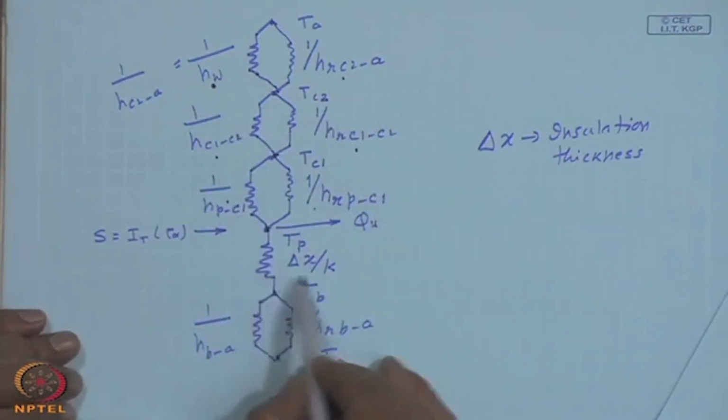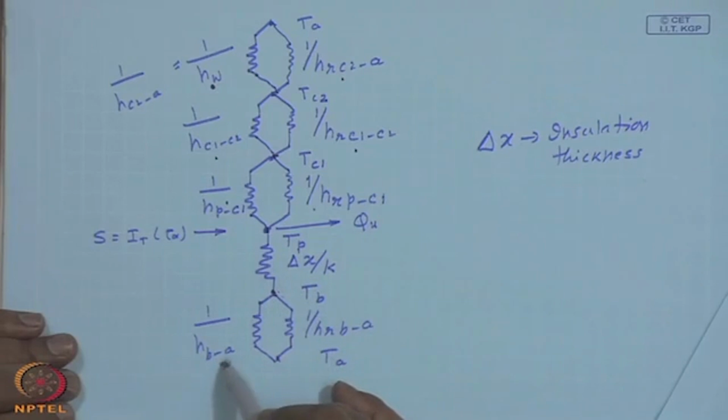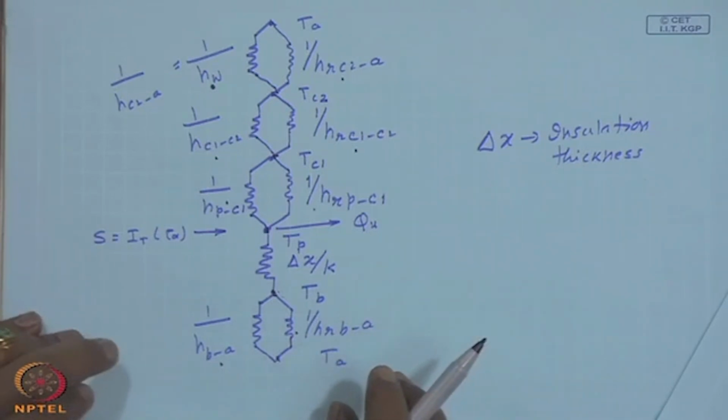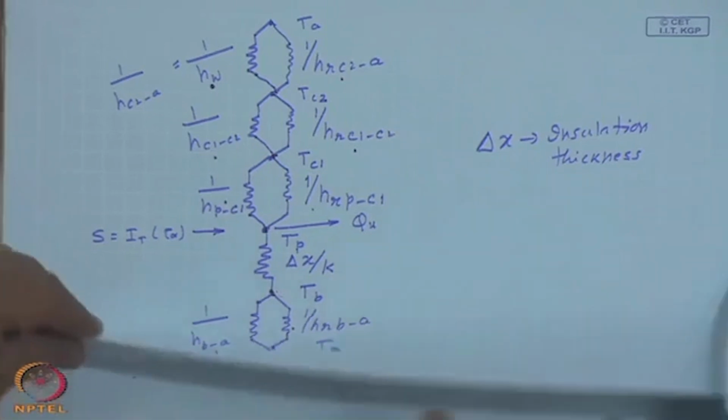From the bottom you have a conduction loss through the insulation and again a convection and radiation from the back of the solar collector to the surrounding temperature T a, which we assumed equal to the ambient temperature T a. So, all these parallel resistances can be combined into one, and we have a simplified picture.